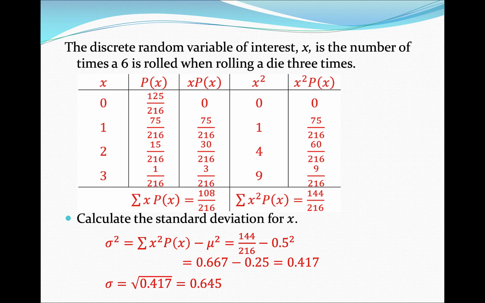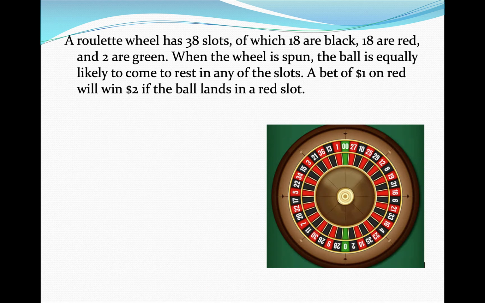So let's think about the idea of roulette. If you ever go to Vegas or go to a casino somewhere, one of the things that you can do is you can bet on the roulette wheel. If you don't know anything about roulette, basically they put a ball in the wheel and they spin it, and it's equally likely to land on any of the spots.